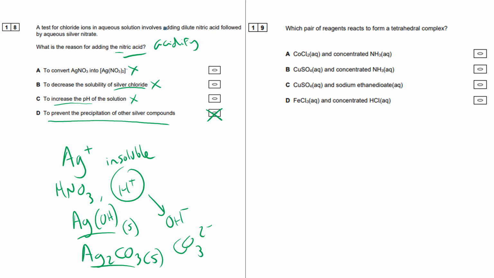Question 19. Which pair of reagents react to form a tetrahedral complex? Tetrahedral complexes occur when the ligand is too large, and therefore normally you get 6 ligands or 6 coordinate bonds.